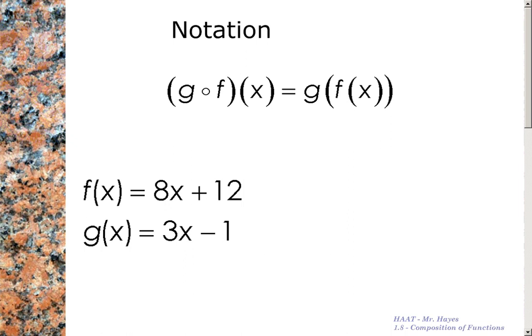There are two different types of notation. Some books, which I believe yours does, use this little dot, an open circle, for composition of functions. It's the same thing as what other books write as g of f of x, and that's how you say it: g of f of x.